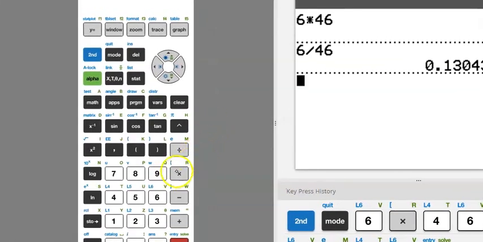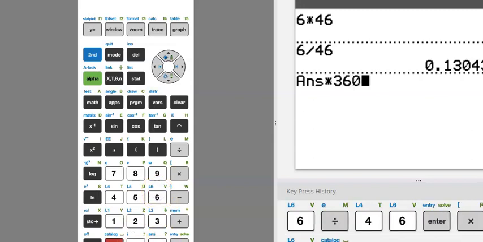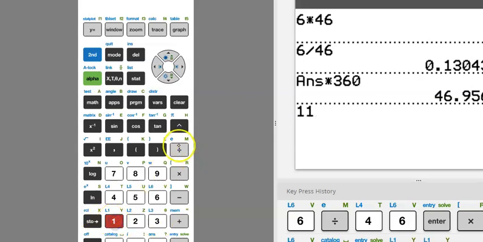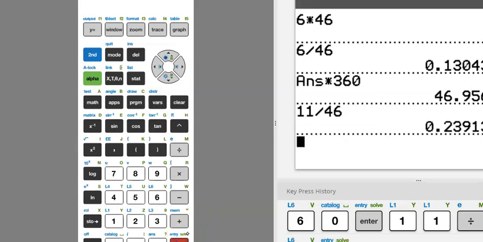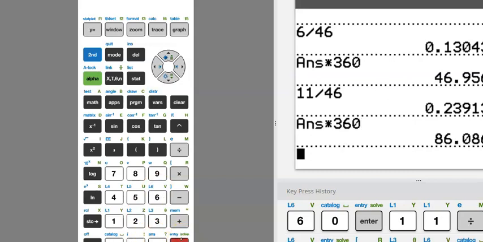And what I'll do, I'll multiply that by 360 degrees. It gives me roughly 47 degrees. Then I go to the next number, which is 11 divided by 46. That's going to give me the percentage, roughly 23.91%. Multiplied by 360, that will give me the angle, roughly 86.1 degrees. So you get the idea.